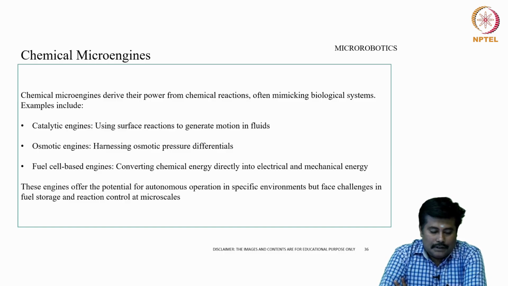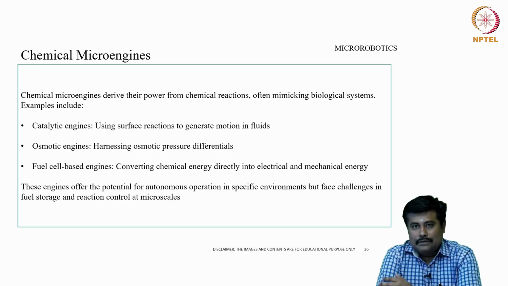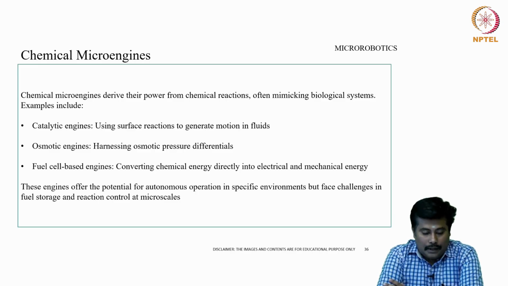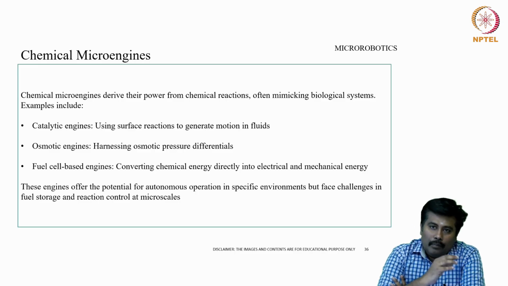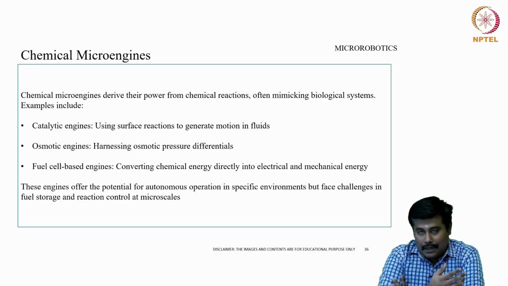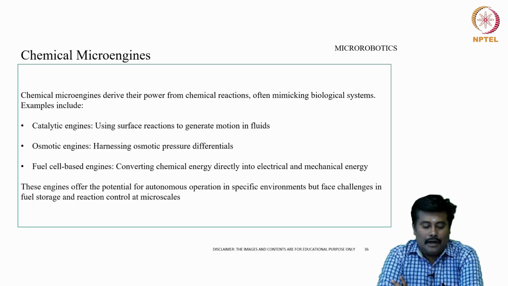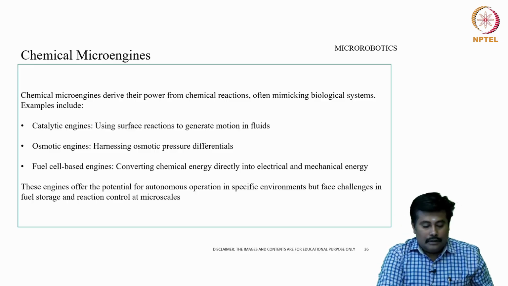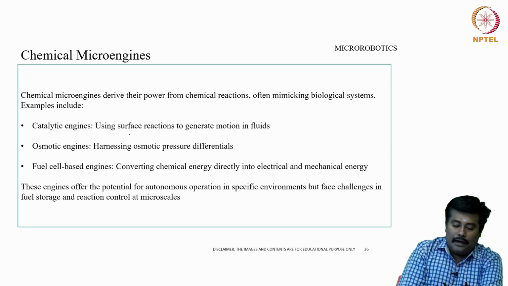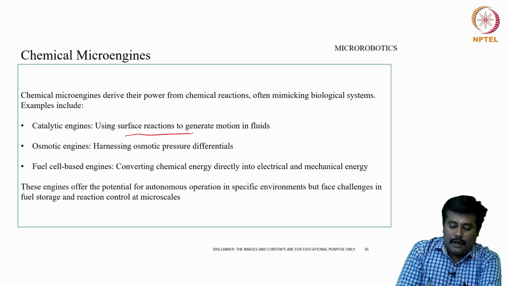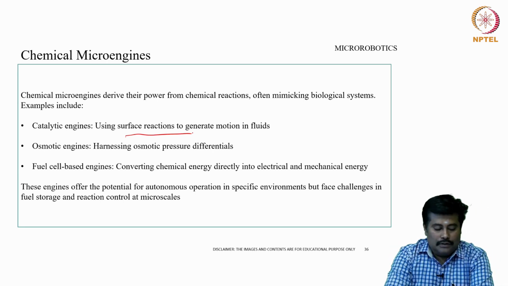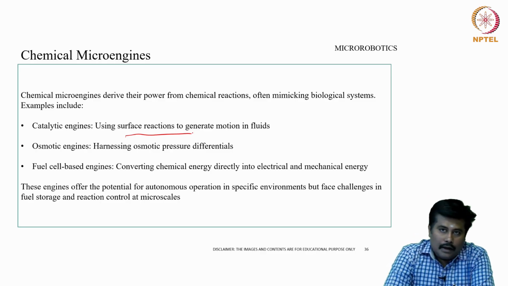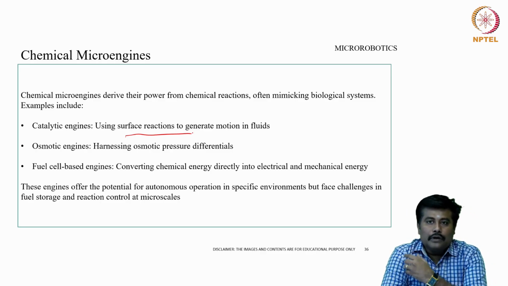As far as these chemical micro engines are concerned, they derive their power from chemical reactions which often mimic biological systems. Some of the examples include the catalytic engine. In a catalytic engine, surface reactions are ideally taken into consideration to generate motion in fluids, and then there are osmotic engines.